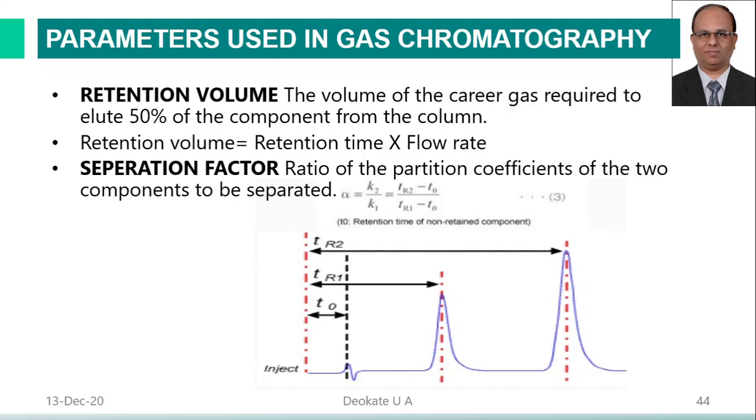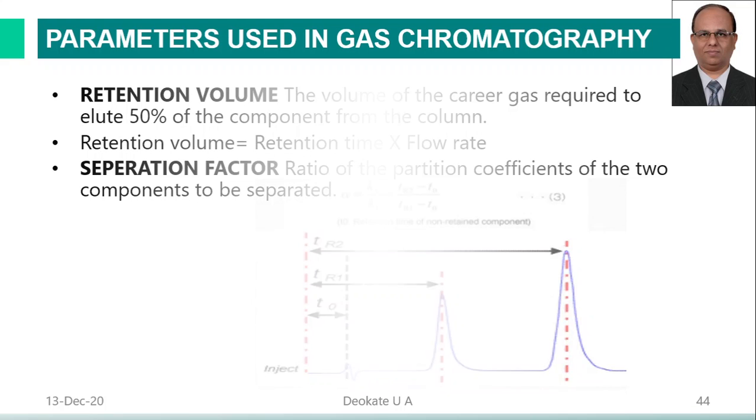T0 is the time required for the solvent to come out. TR1 is the retention time for the first solute and TR2 is the retention time for the second material. So it is TR2 minus T0 divided by TR1 minus T0. The retention of a non-retained component can be determined using this technique.